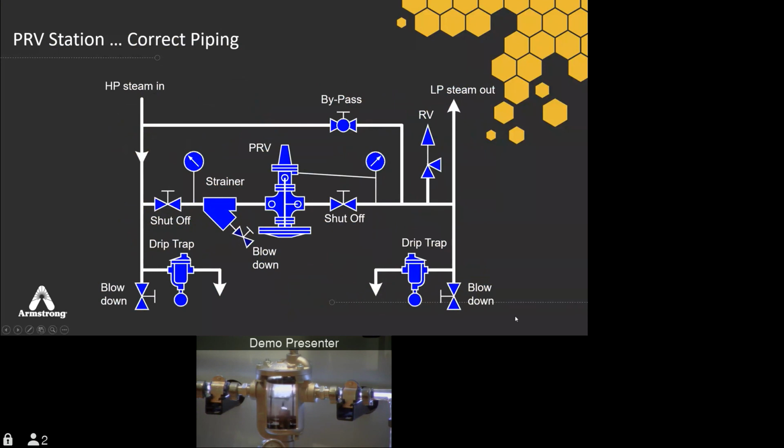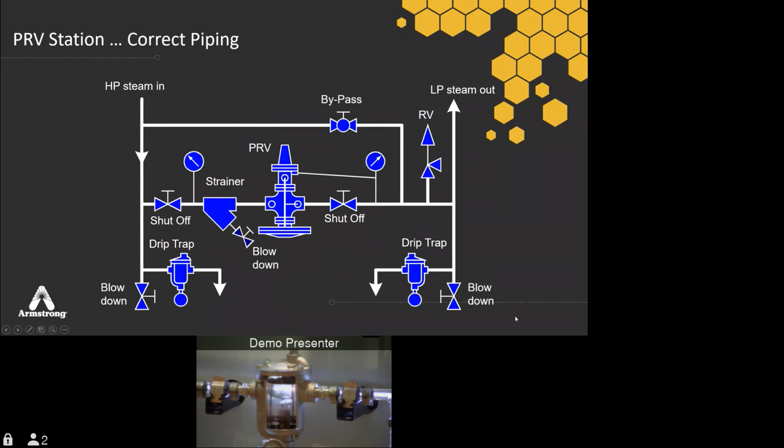And we have a blow down on that dirt leg, call it mud leg, to make sure we can blow the dirt and crap out so the trap doesn't have to run that all through it. Going into the PRV, we have an isolation valve, we have a pressure gauge, and then we have a strainer and a blow down on the strainer.